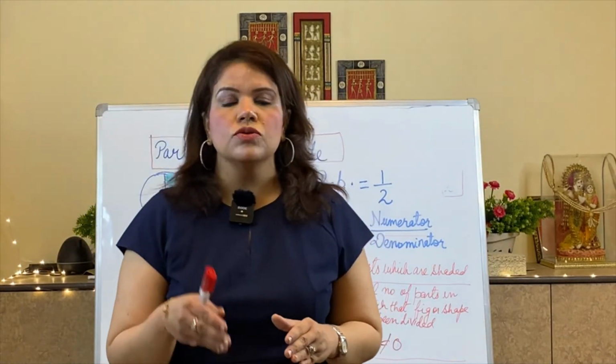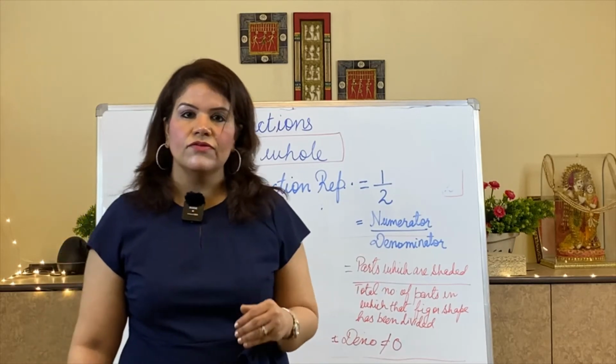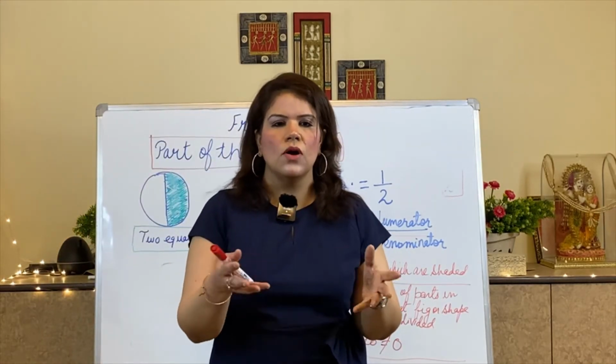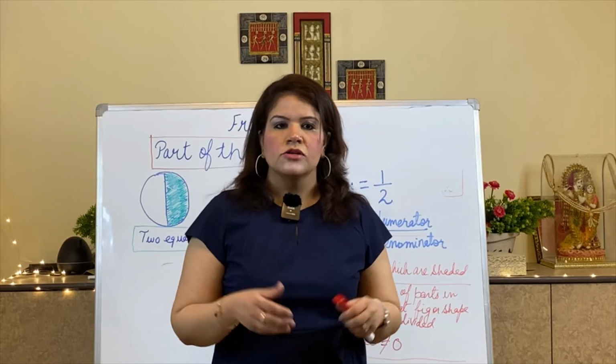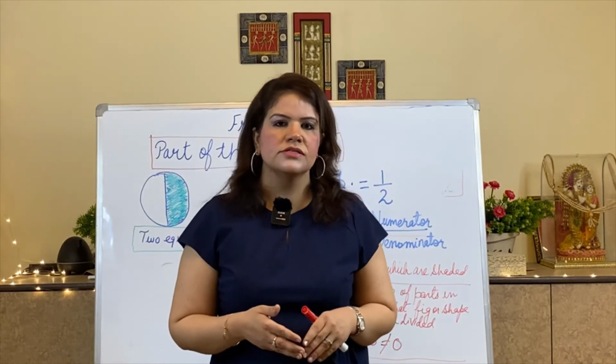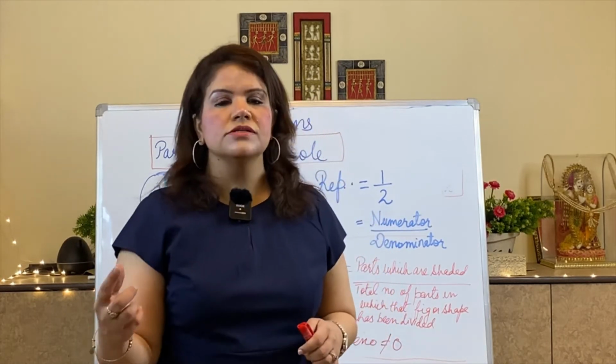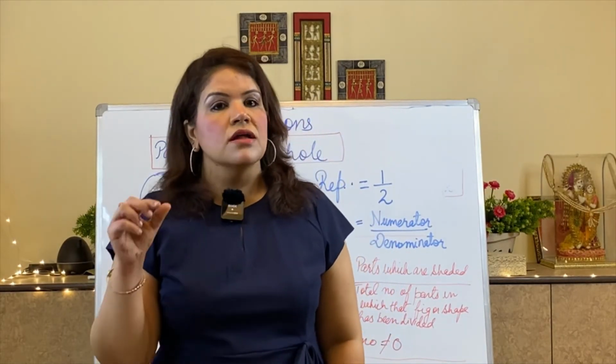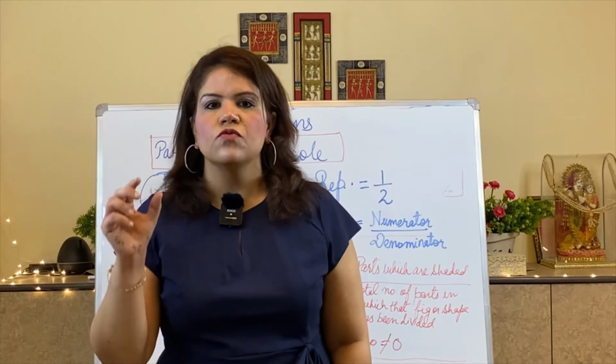So that means today we have studied what we say as half. Suppose you brought a pizza home. You are 5 family members and you are going to divide that into 5 parts. That means if one person is taking one piece, that fraction will be represented as 1 by 5.